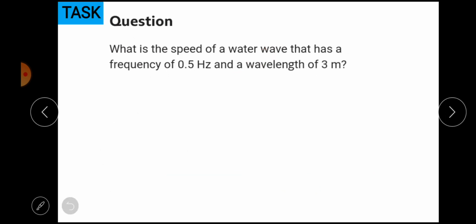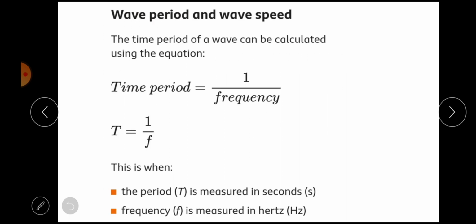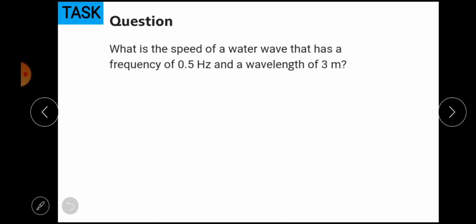What is the speed of a water wave that has a frequency of 0.5 hertz and a wavelength of 3 meters? Okay, so I didn't write the solution for this one, but you can just pause the video and work on it.